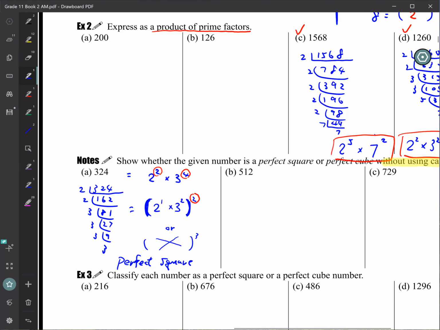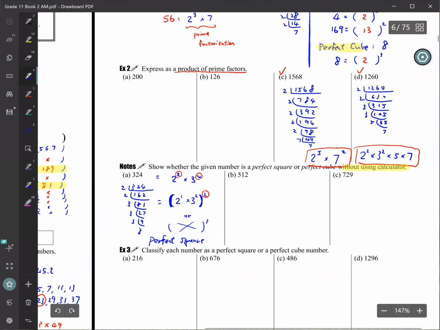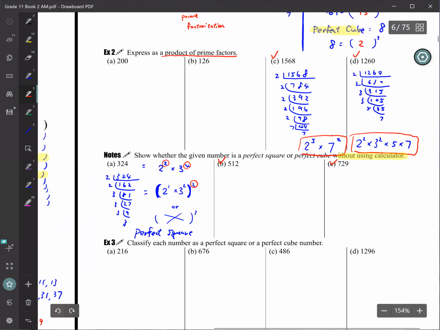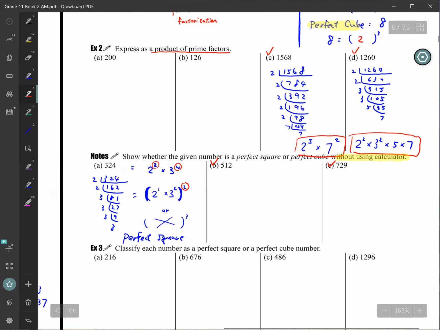Okay, so I would like you to try the next 2 questions here. Question B and C, to check if it's a perfect square or perfect cube, or maybe it's none, or maybe it's both. All right, so please do question B and C right now.